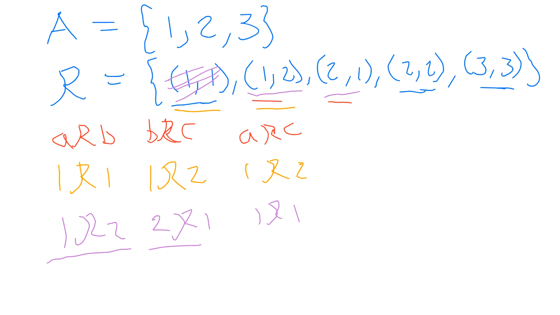But what I was saying is that if we have 1 relates to 2 and 2 relates to 1, shouldn't 2 relates to 1 be really B relates to A and not B relates to C? Yeah, but it's still a different element. Look here.